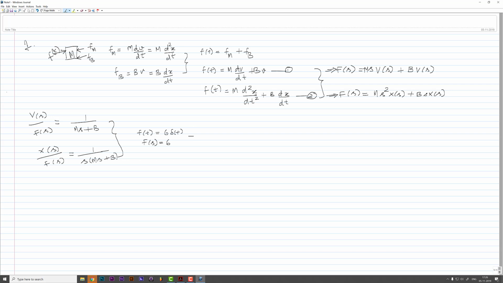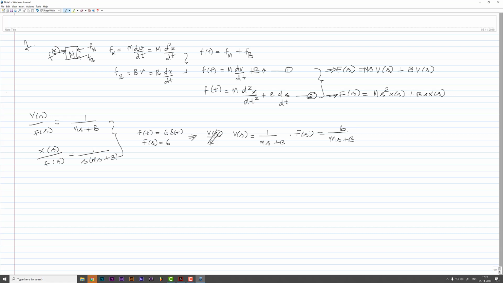So this will result in V of s is equal to 1 by m s plus b into f of s, and f of s is nothing but 6.